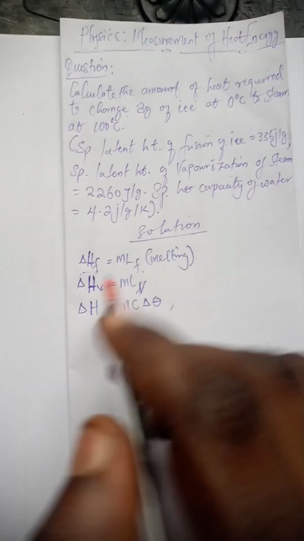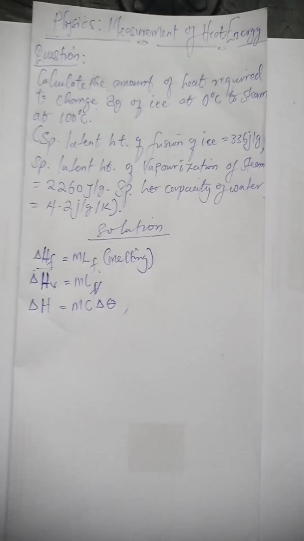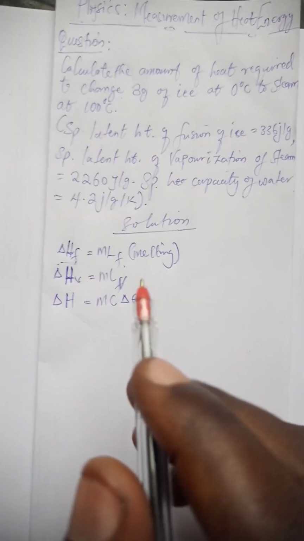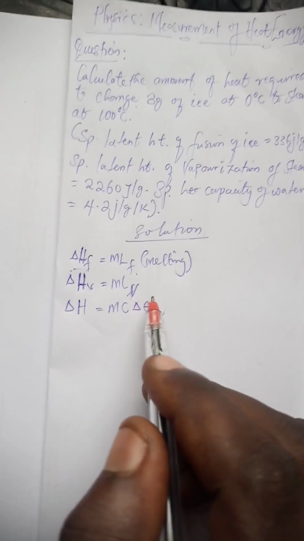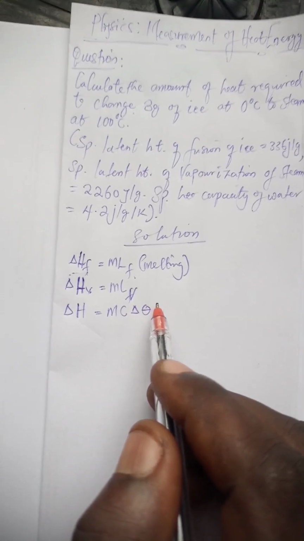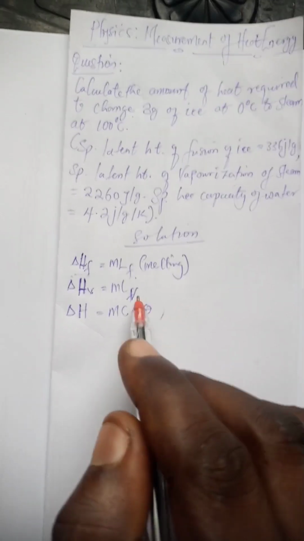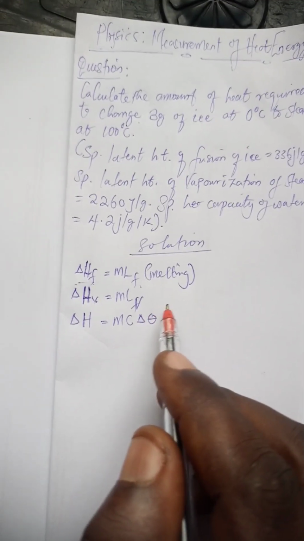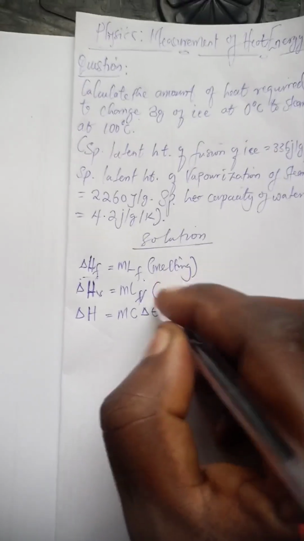Then this parameter here is the heat change when the liquid water changes to gaseous water, that's vapor, at the same temperature of 100 degrees centigrade. That's boiling.